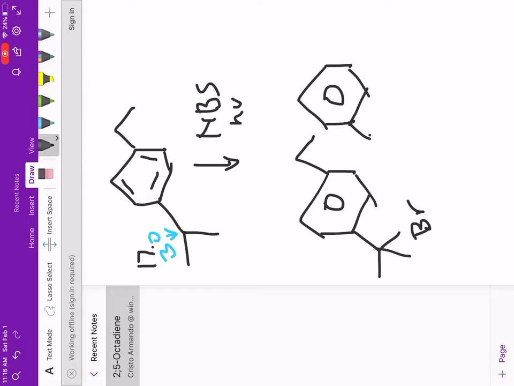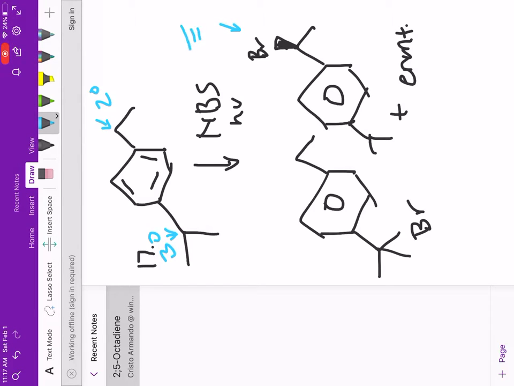And then the other is going to have the Br on the secondary carbon, because this carbon right here is secondary. And then this is going to have one enantiomer, where the bromine right here is just dashed instead of a wedge.